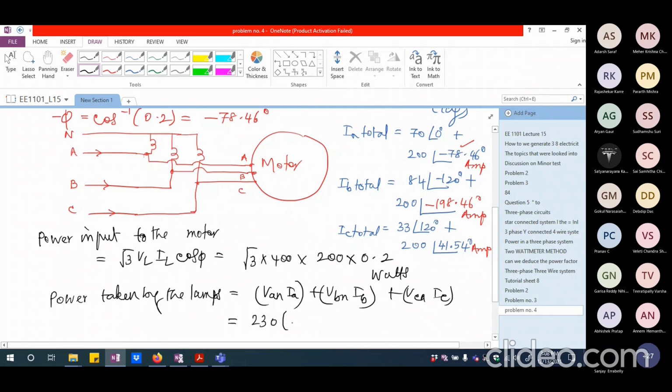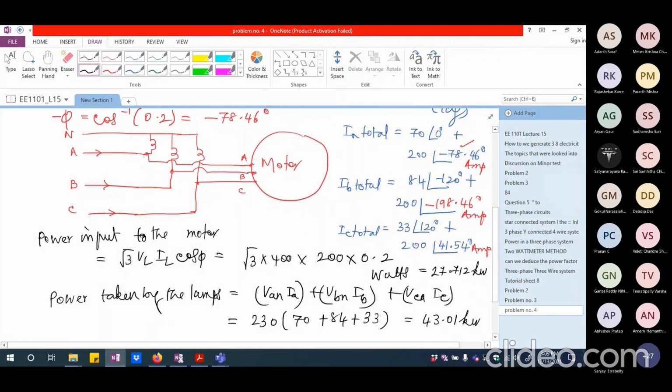So 230 multiplied by, I can simply say 70 ampere, and second thing is 84 ampere, and the third thing is 33 ampere. So this is the total wattage. Okay, so that comes out to be some 43.01 kilowatt, whereas this comes out to be something like 27.712 kilowatt.